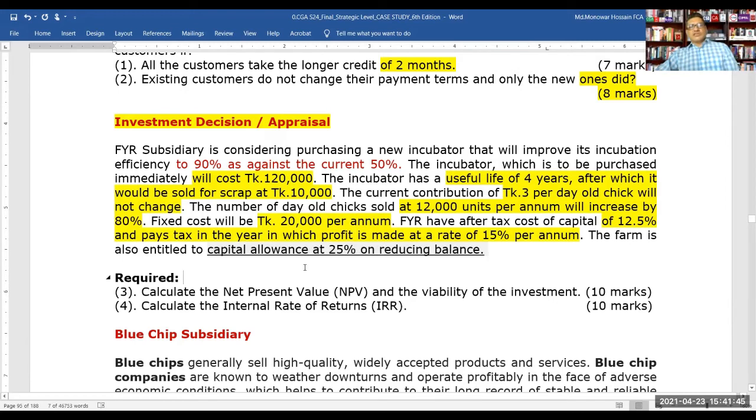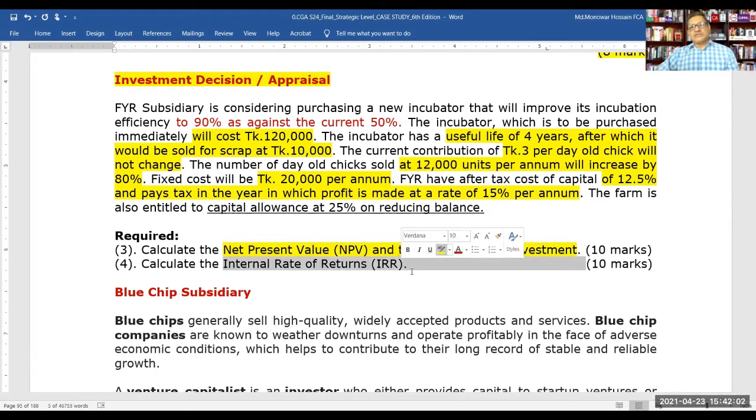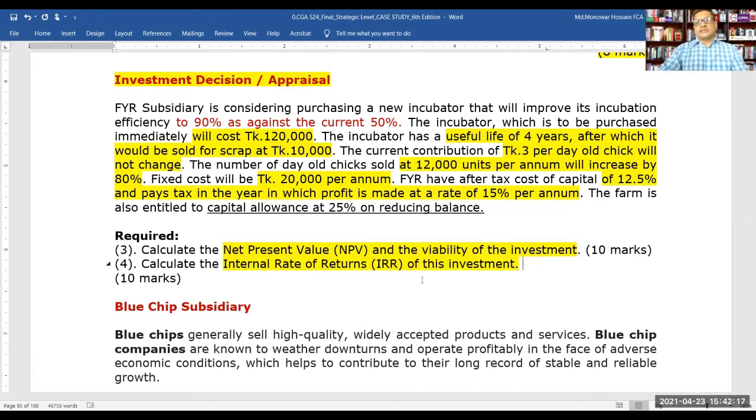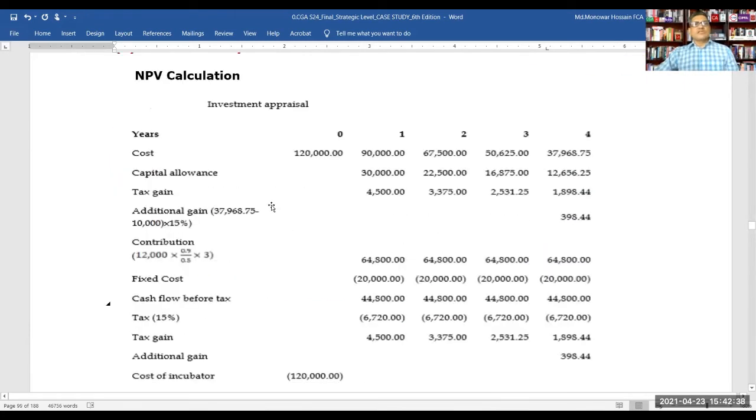So this is the condition, and from this figure we have to calculate the net present value and the viability of the investment, 10 marks. And also we have to calculate the internal rate of return of this investment. It's also 10 marks. So if we go for the solution, this is the solution here.